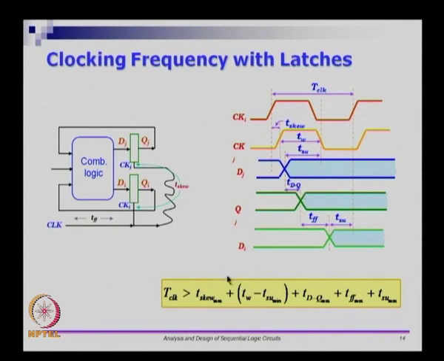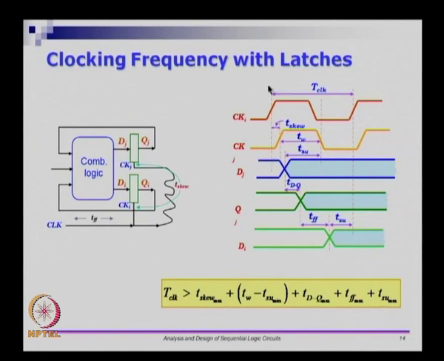So let us just look at all the parameters and then we will go and look at minimums and maximums. So from Cky to Ckj there is Tskew plus TW width minus TSU plus DQ plus TFF plus TSU. So you will see all the parameters appearing here, right.